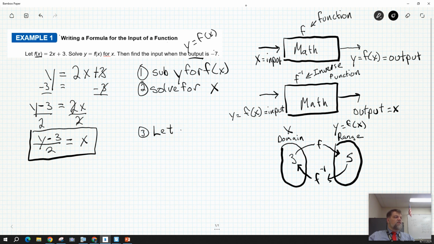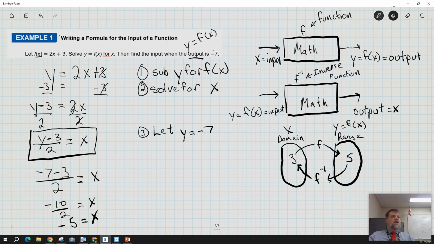Got ahead of myself. Let y equal negative 7. So then I plug it in. Negative 7 minus 3 all over 2 equals x. Well, negative 7 minus 3 is negative 10 divided by 2, or negative 5 equals x.